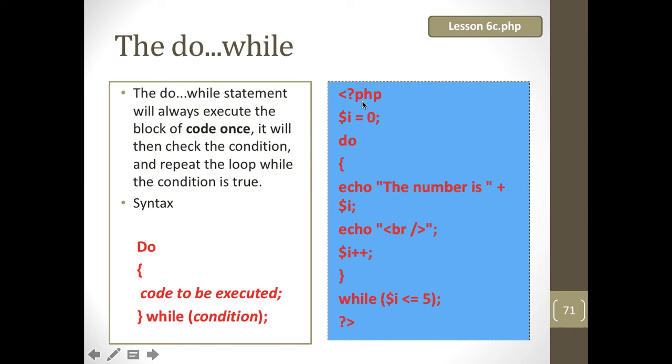So you have the initial value, do, and then echo the number is the variable $i, and then you have the increment value. And then you have while this part. It looks backward, but somehow you need to use do while, depending on case by case.